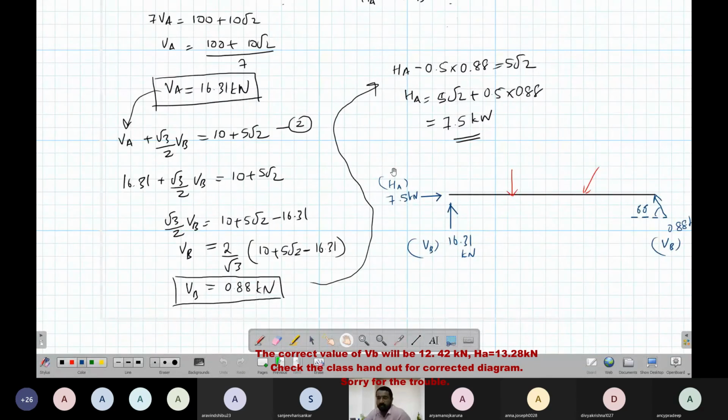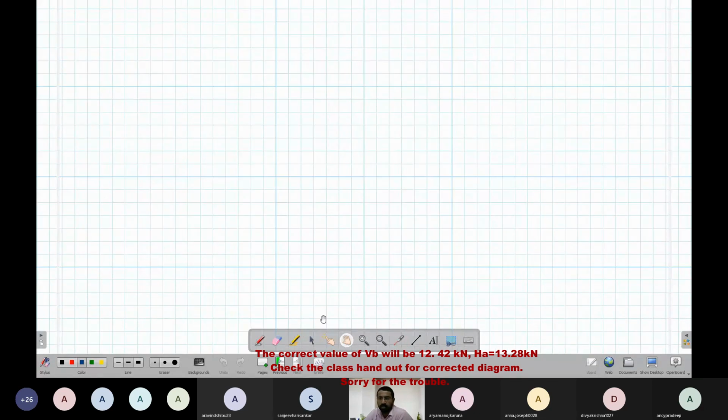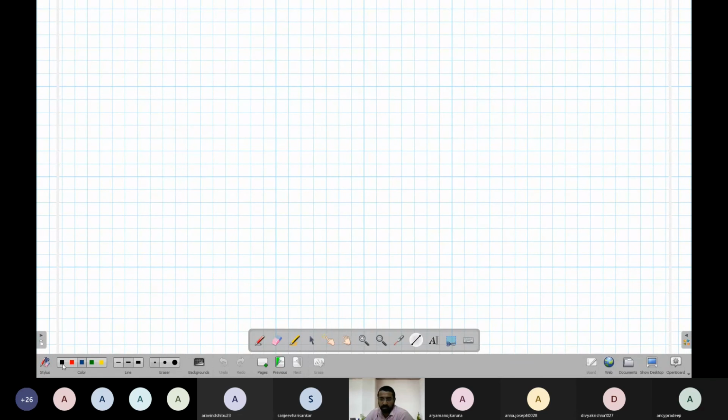So this can get further complicated. How can this get further complicated? I think the syllabus includes complicated cases. Let's say we have a pin here and a roller.